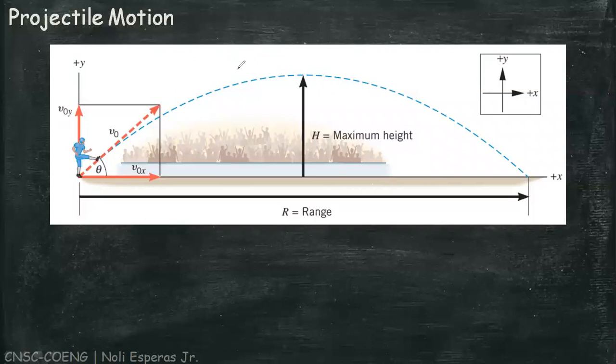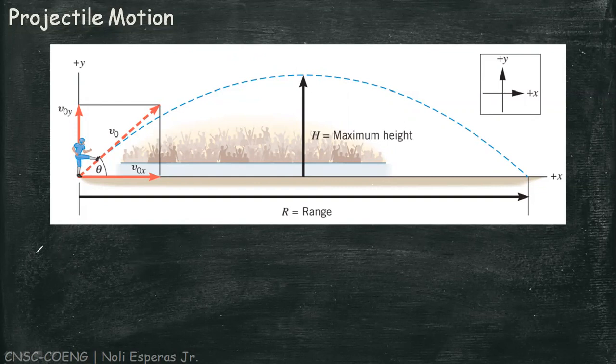So in the horizontal or x direction, the moving object does not slow down in the absence of air resistance. Okay? So these are the following we have to take note of when dealing with problems in projectile motion.